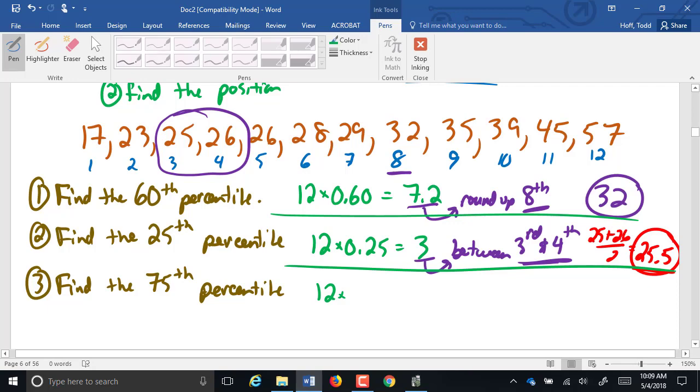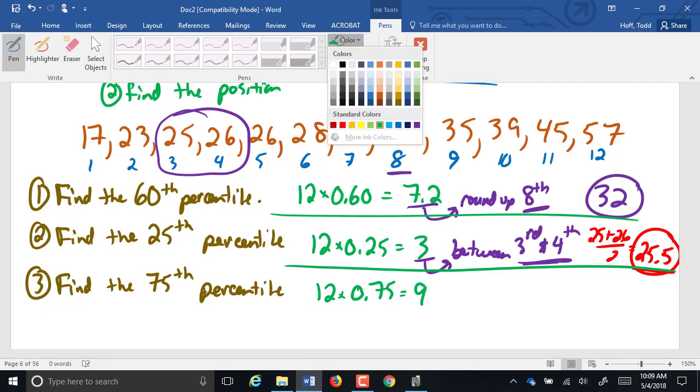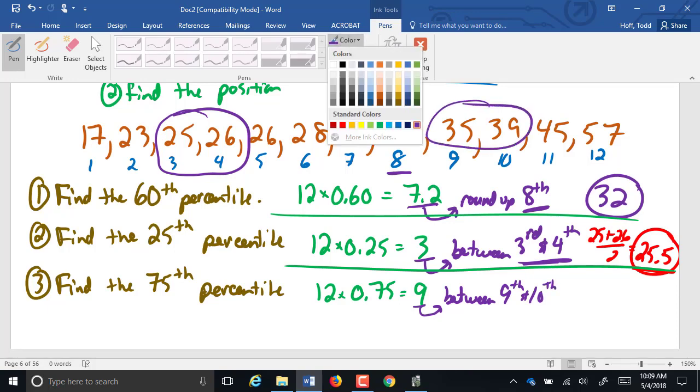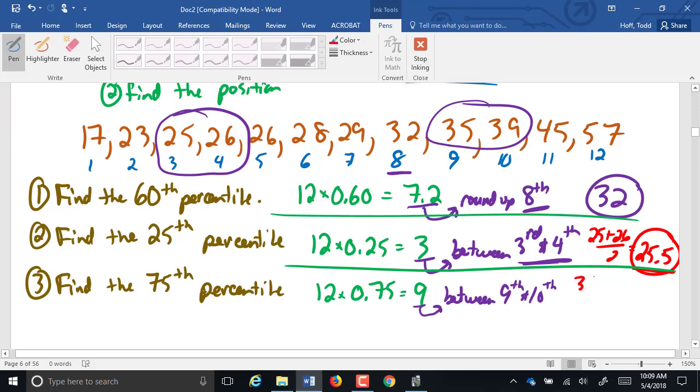So you do 12 times what? 0.75, which gives you 9, which is telling us it is between the 9th and 10th. So the 9th is 35 and the 10th is 39. 35 plus 39 is 74, divided by 2 is 37. So the 75th percentile is 37.